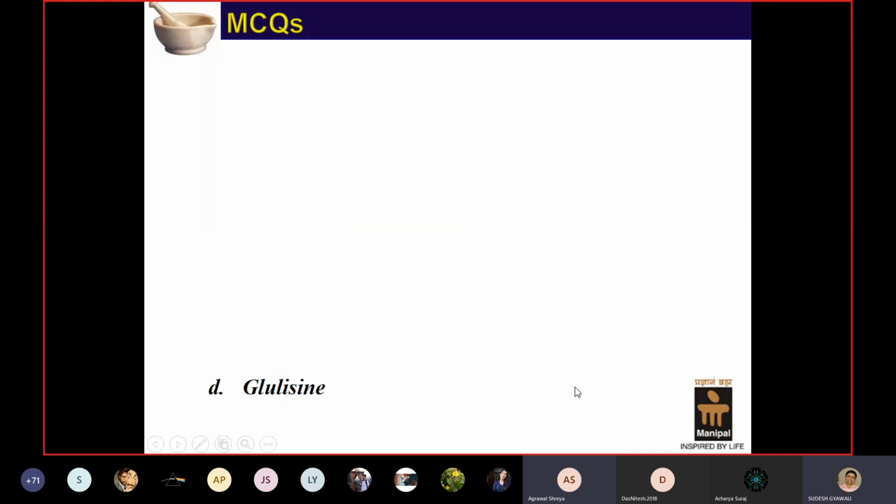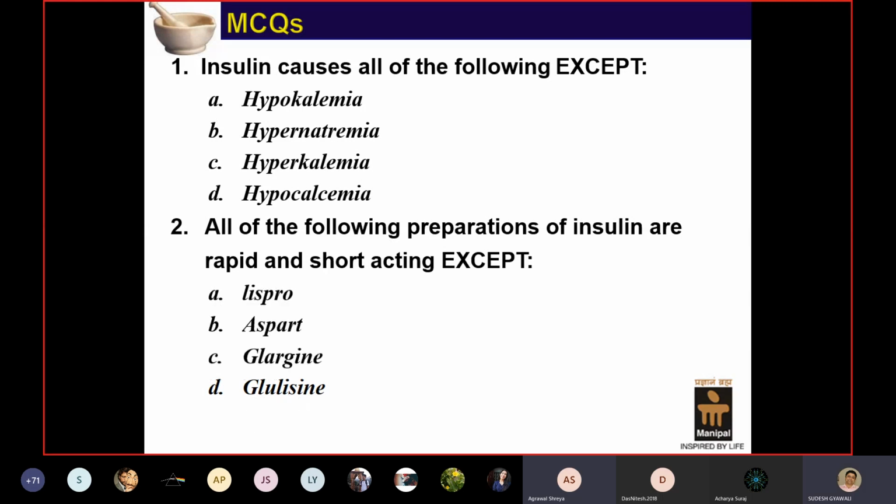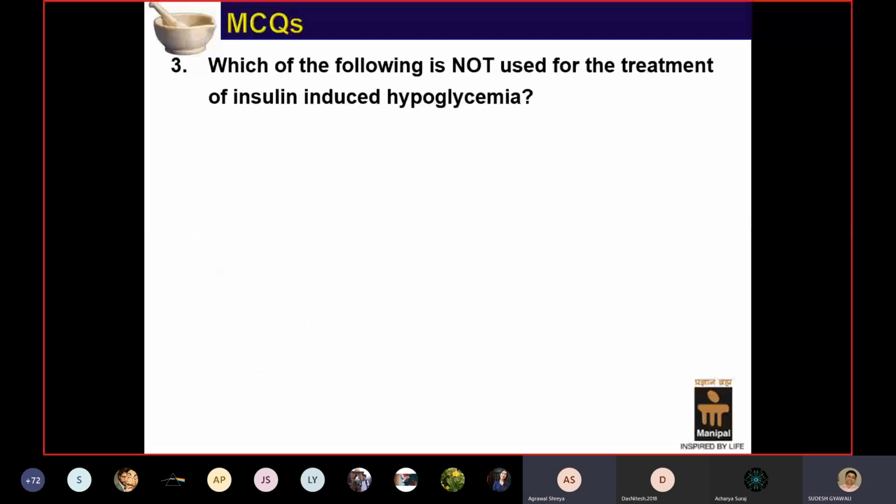All of the following preparations of insulin are rapid and short acting except, I think D. No. Which one is the longest acting? Tell me. Insulin glargine. So now see, I'm emphasizing that glargine is the longest acting peakless insulin. Okay, yes. So option C is the correct answer.